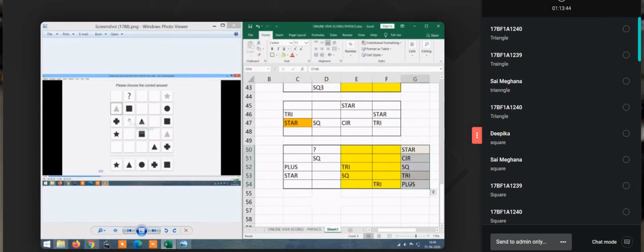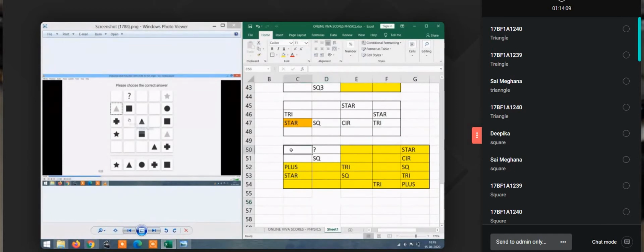It cannot come in this space also. So I'll mark it like this. And it cannot come in this space with the same row, and this space and this space. Okay, it cannot come in both these spaces.